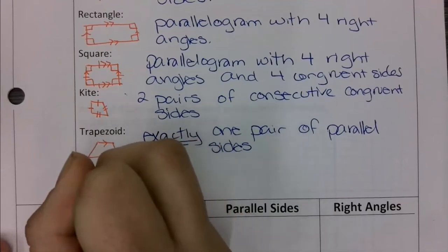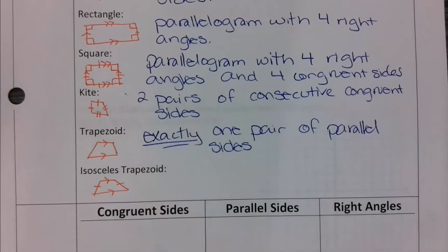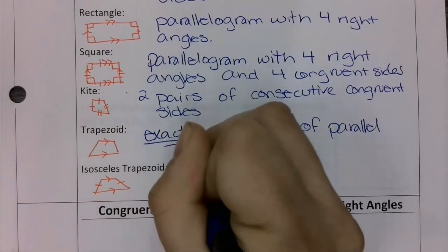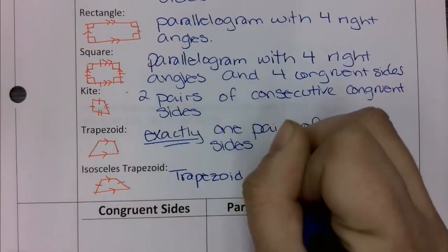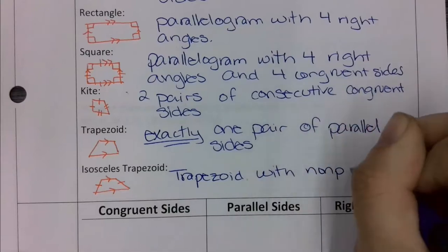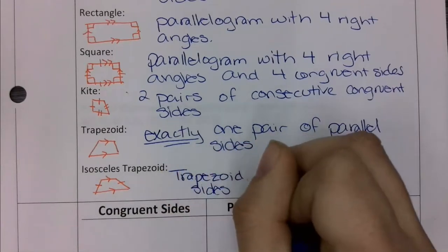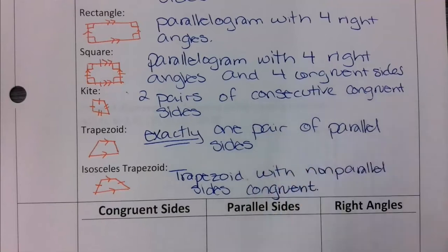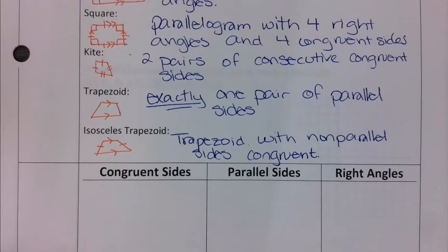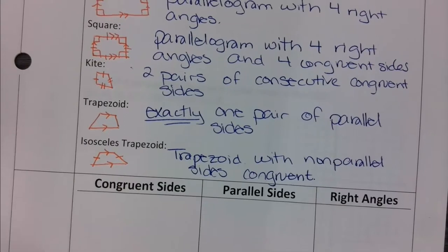And then an isosceles trapezoid is a trapezoid where the non-parallel sides are congruent. So questions on the shapes?